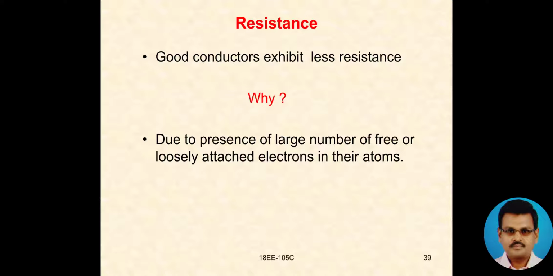We can classify those materials as conductors based on the valence electrons, and name that material a good conductor. So in terms of resistance, good conductors have less resistance. Examples of good conductors: copper, aluminum, etc. These are the good conductors.